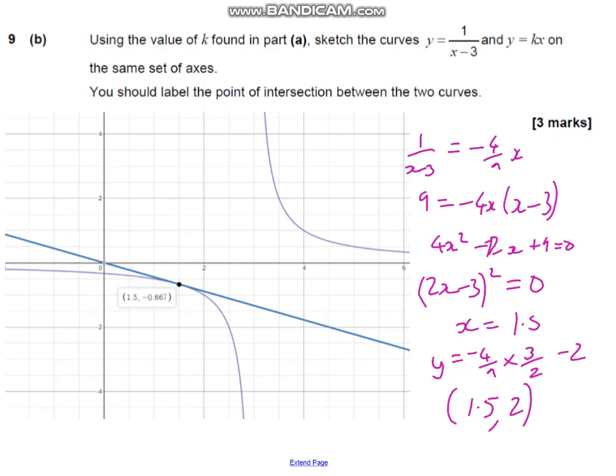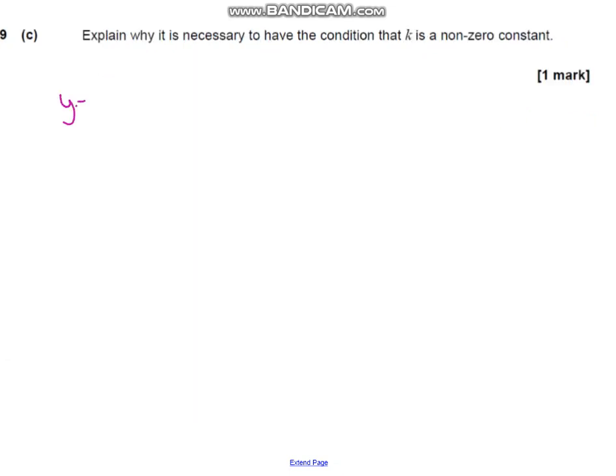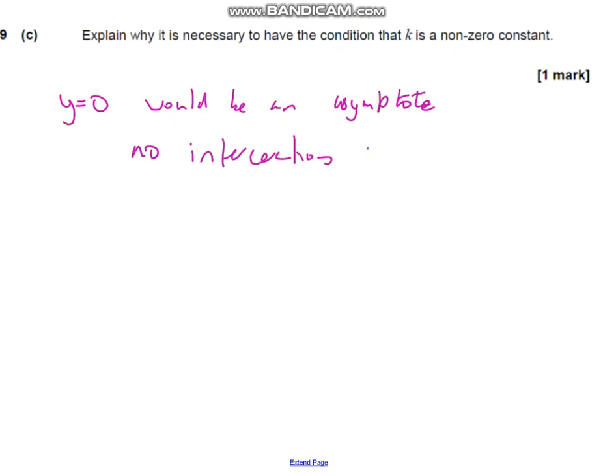So you'd have y is equal to 0 as an asymptote, so there will be no intersections between y is equal to 1 over x minus 3 and y is equal to 0. Sorted.